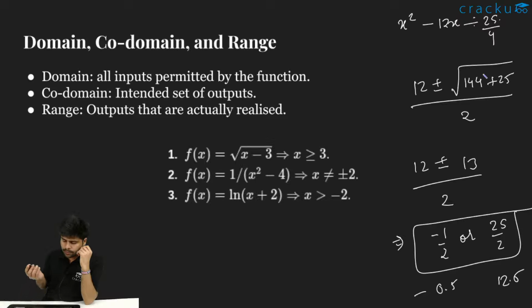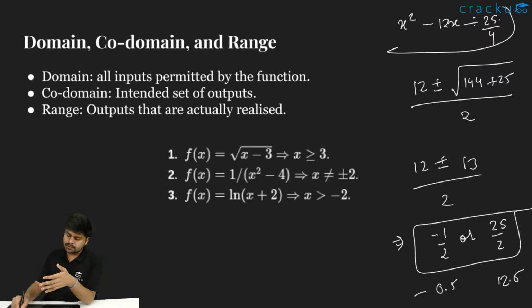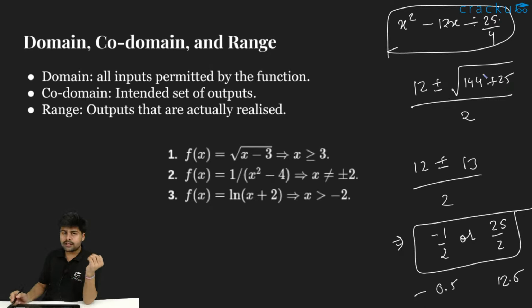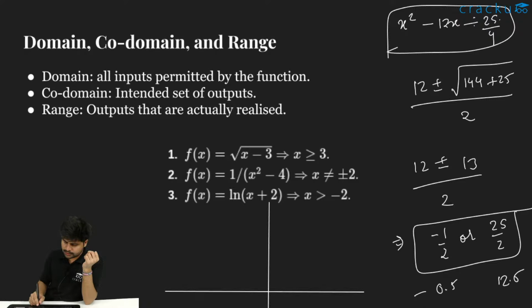So if you plot this quadratic equation on the graph, what will the graph look like? The graph will look something like this. So let me draw it here. This is the x-axis, this is the y-axis, and let me choose a different stroke.